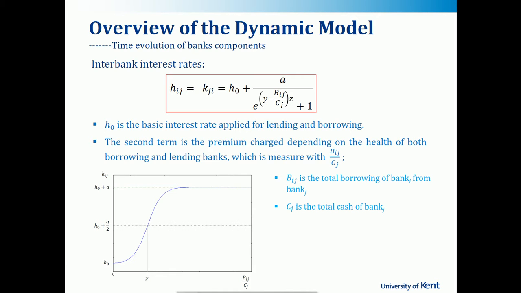Therefore, as B_IG divided by C_G gets larger, the lending bank faces more risk, so it needs to charge a higher interest rate. That represents the speed of transition between the states. The larger the value of that, the faster the interest rate switches.